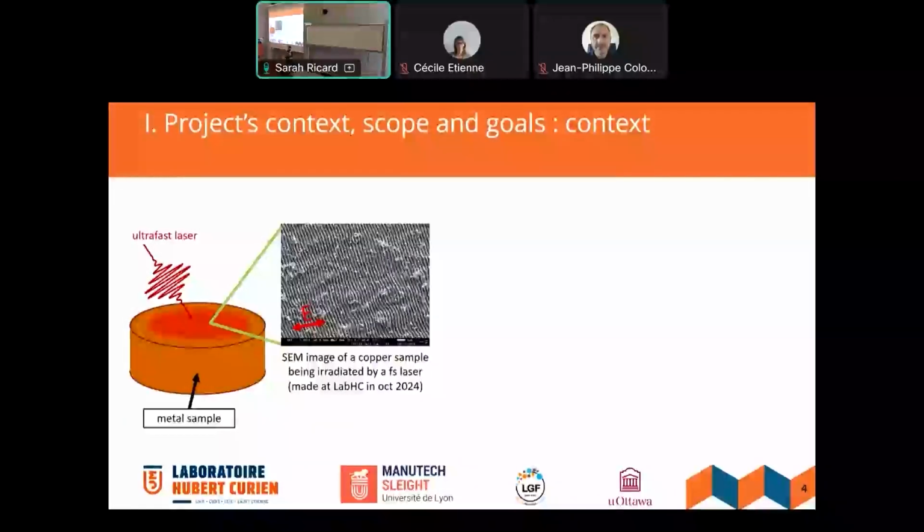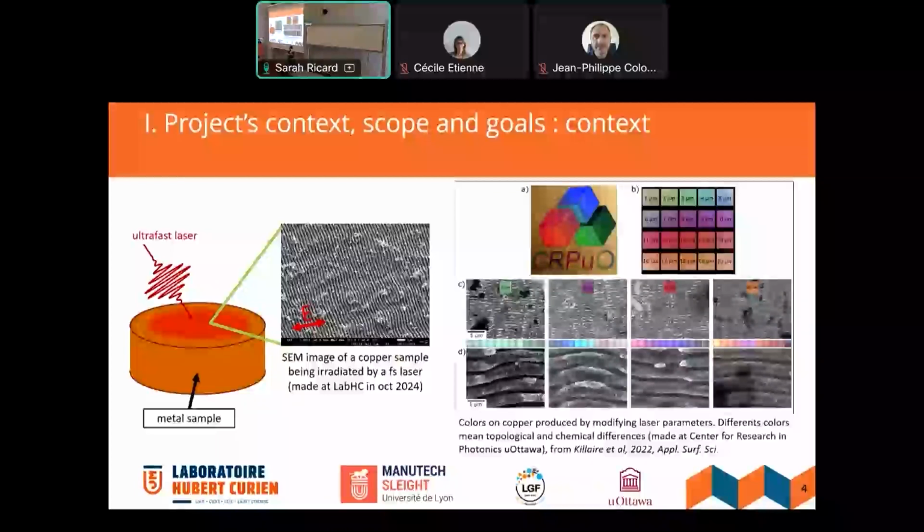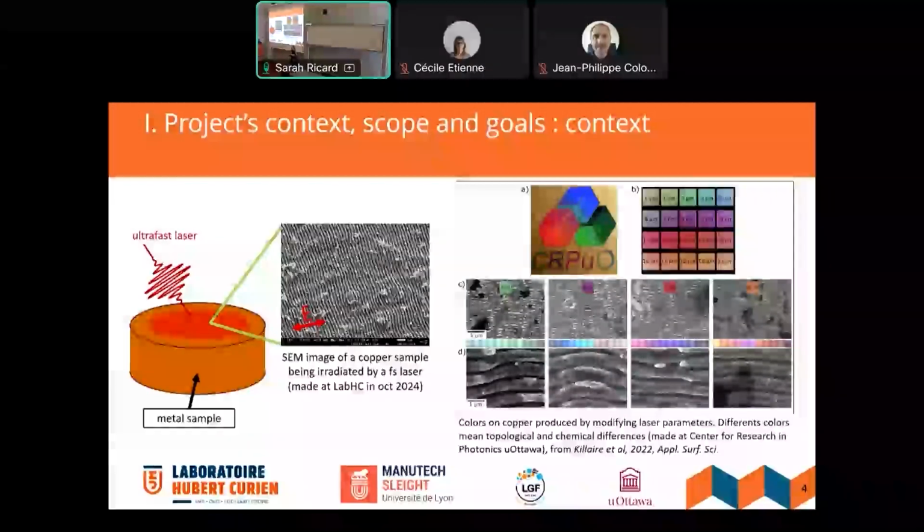What's interesting is that beyond those topological structures, you also change the chemical characteristics of your surface. So here, for different laser parameters, you get different topological and chemical characteristics, meaning on the macro scale, you get different colors.